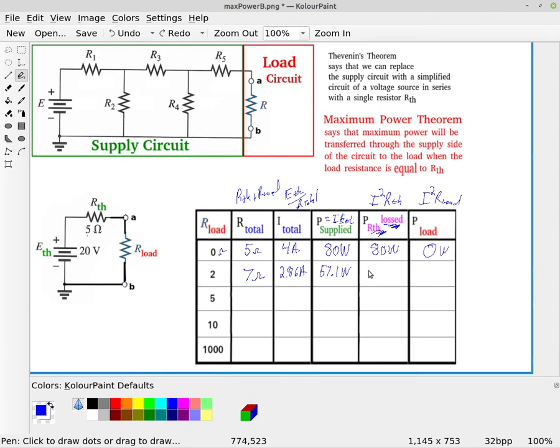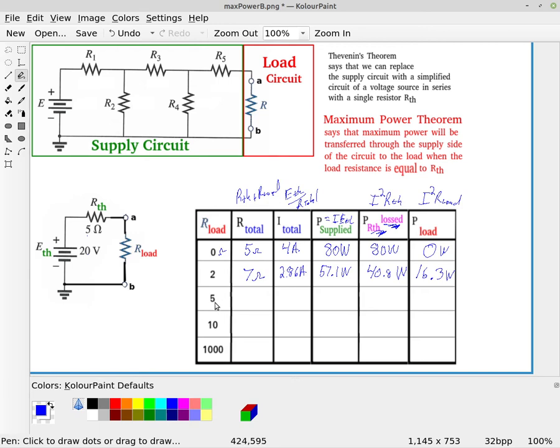If we calculate that, it's 40.8 watts being lost in R Thevenin. And what's getting to the load turns out to be 16.3 watts. Okay, so what's making it to the load is 16.3 watts.